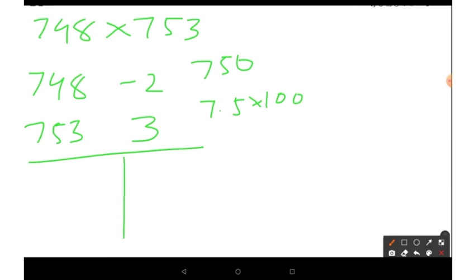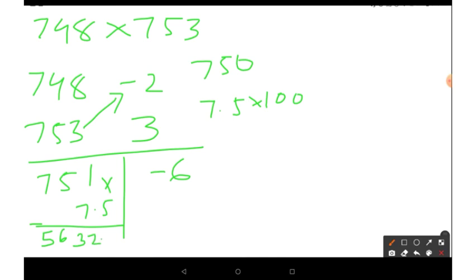So I am going with 753 minus 2. So you will get 751, and you got minus 6 here, and you are multiplying 751 with 7.5. When you multiply 751 with 7.5, you are getting a decimal value. So your answer is 5632.5.